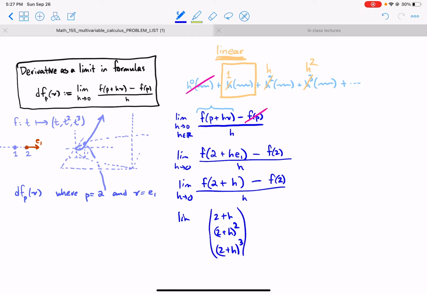There's my vector. f of 2 plus h is now this three-dimensional vector. Minus f of 2, well, what's f of 2? It's 2, 4, 8. I still have to divide by h, so I have some vectors up in the numerator and just a number in the denominator, which I will let go to 0.